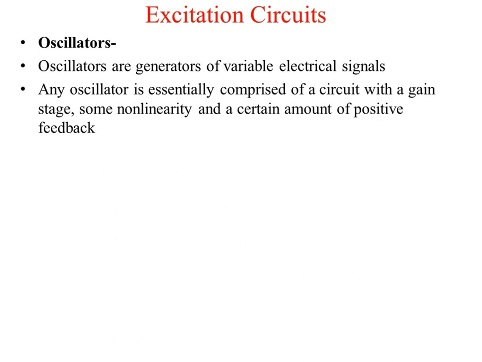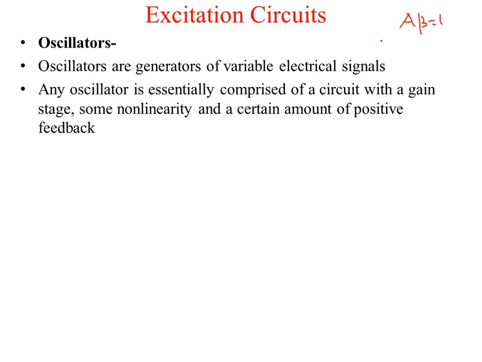So an oscillator is essentially comprised of a circuit with a gain stage. We know there is one concept called Barkhausen's criteria: A beta must be equal to 1, and that must be satisfied for an oscillator.